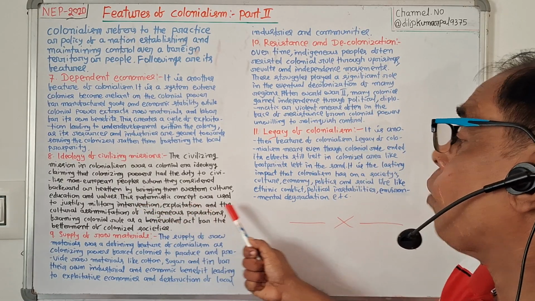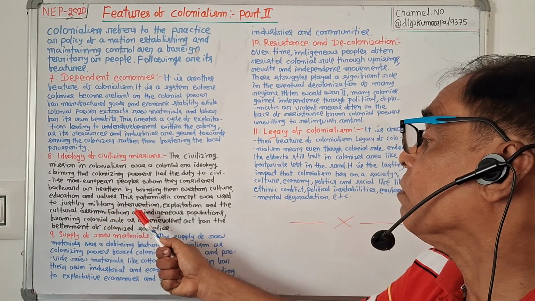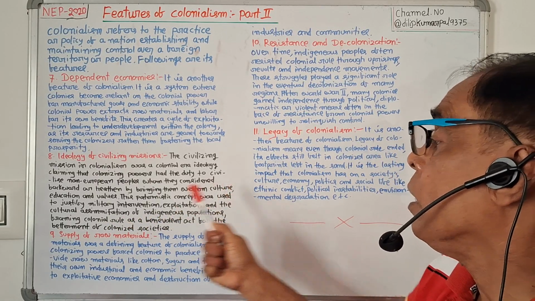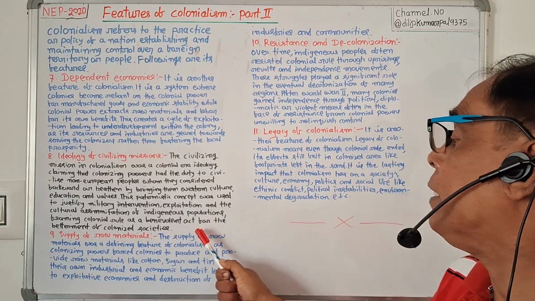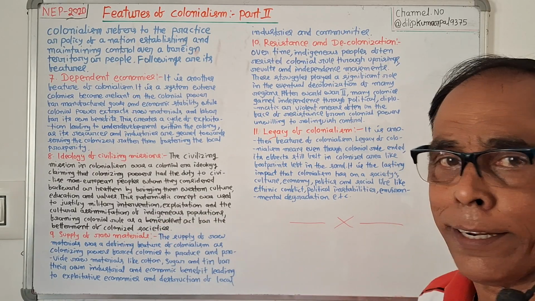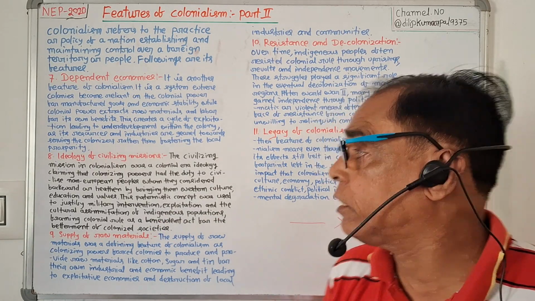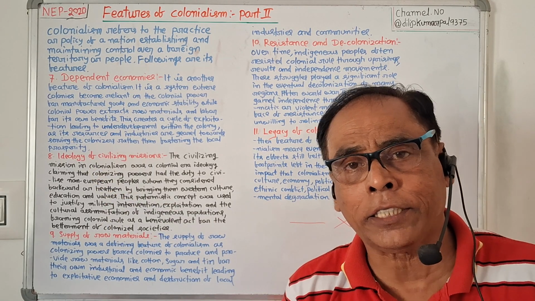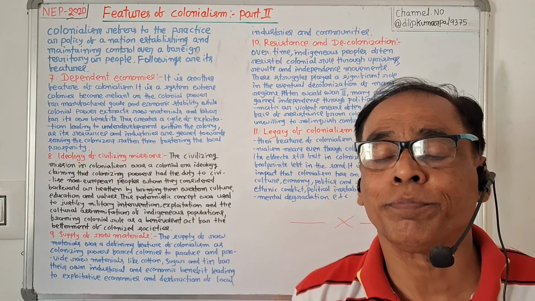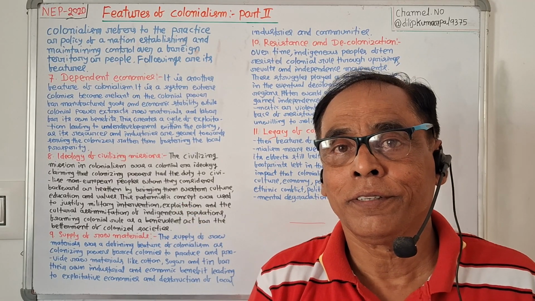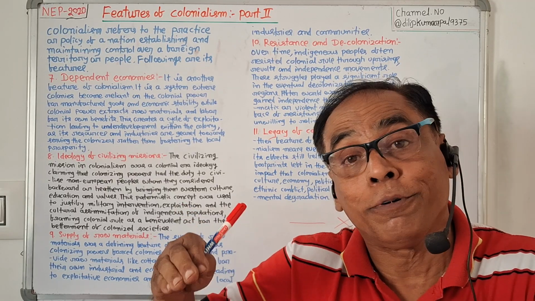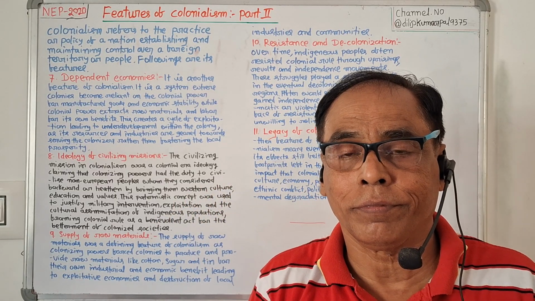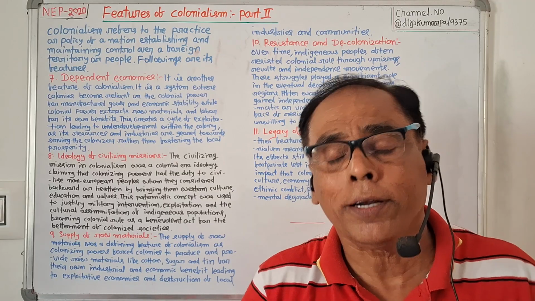This paternalistic concept was used to justify military intervention, exploitation, and the cultural assimilation of indigenous populations, framing colonial rule as a benevolent act for the betterment of colonized society. So another feature of colonialism is the ideology of civilizing nations. The colonial nations believe that they are developed and civilized, but people of colonized territory are uncivilized and backward.